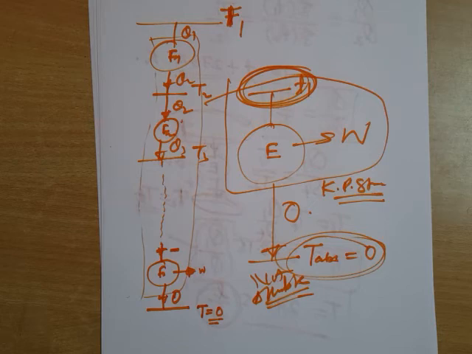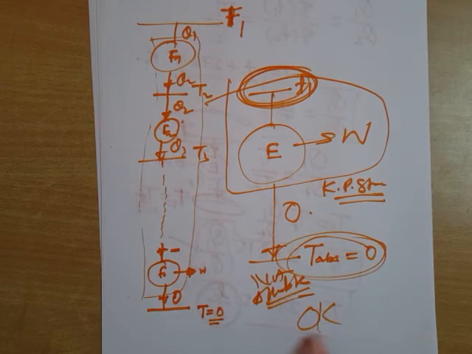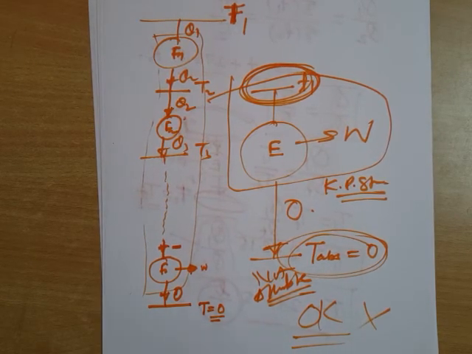So what is the third law of thermodynamics? The third law of thermodynamics says that the attainment of absolute zero temperature is not possible. You cannot attain 0 Kelvin. Not possible.